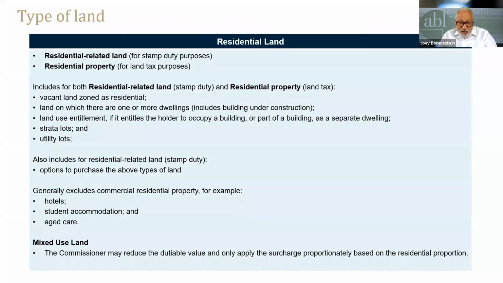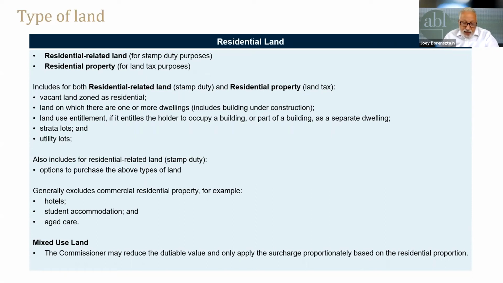So what sort of land does this apply to? I mentioned previously it's only residential land. The definition for stamp duty and the definition for land tax are slightly different, but for both, residential includes vacant land zoned as residential, land on which there are one or more dwellings, including buildings under construction, land use entitlement if it entitles the holder to occupy a building or a part of a building as a separate dwelling, strata lots and utility lots.